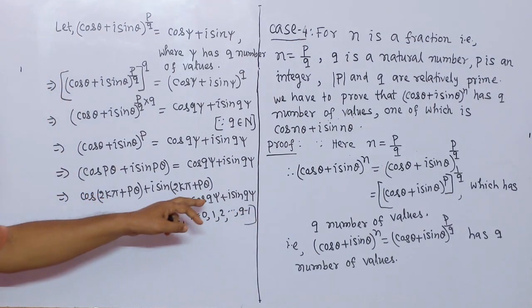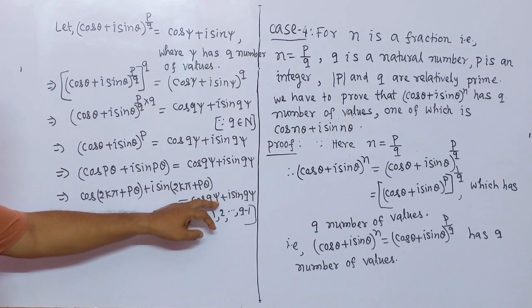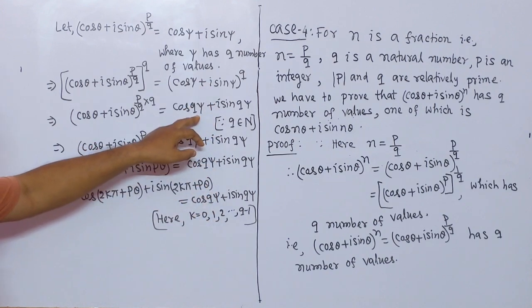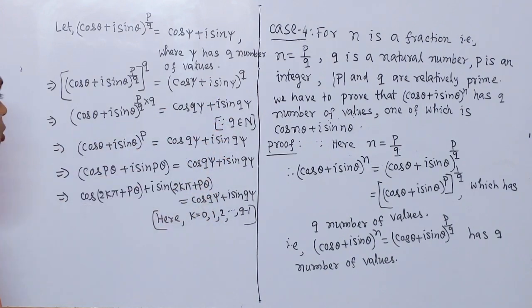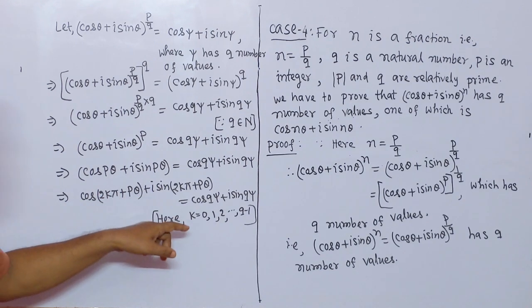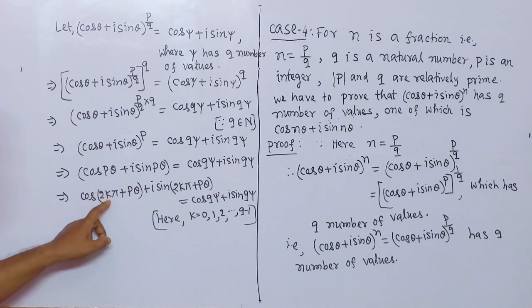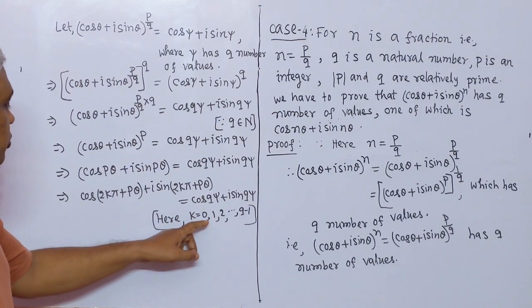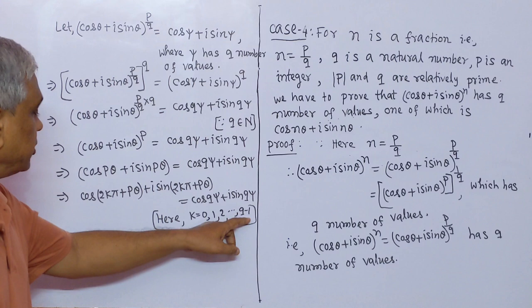Since psi has q number of values, on this side we take q number of values by putting k equal to 0, 1, 2, up to q minus 1.